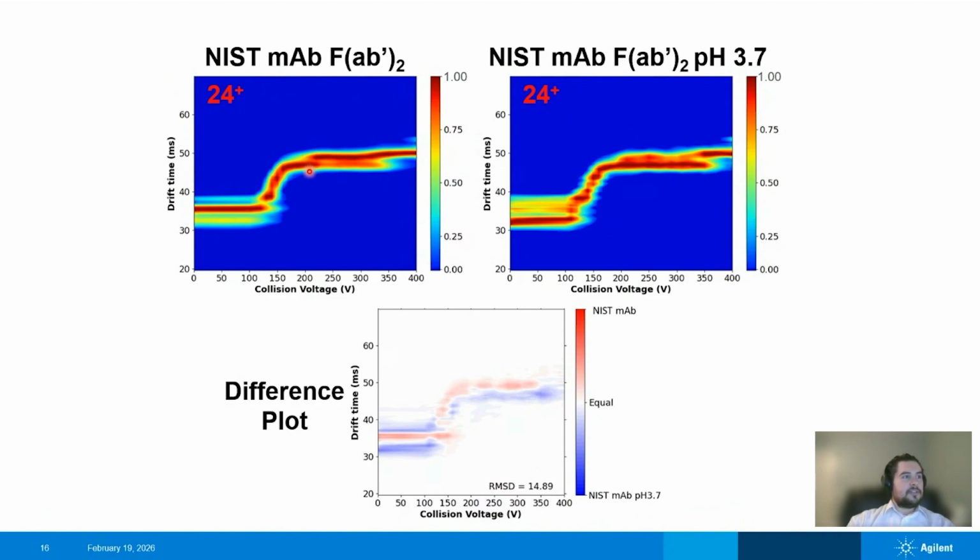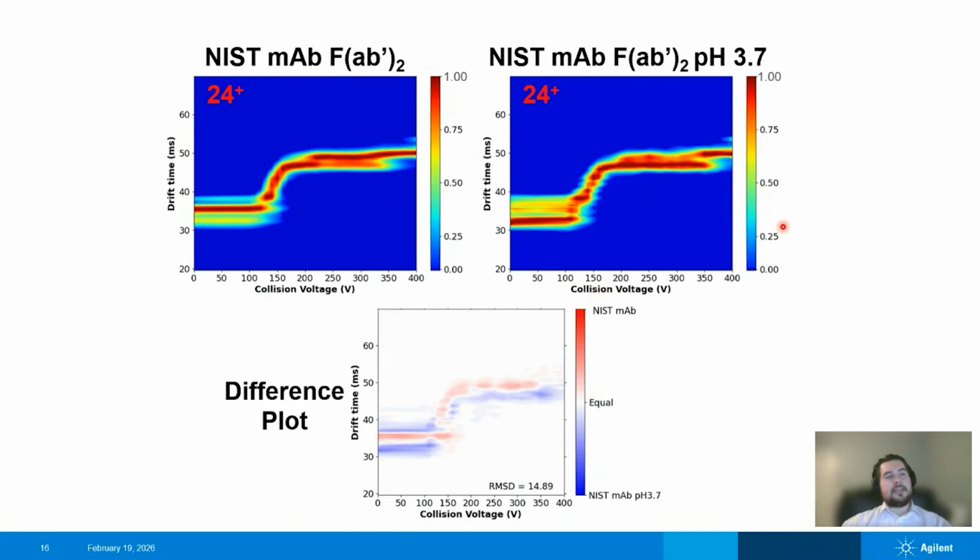And then right around 200 volts of energy, we start to see that final transition as most of the population moves up into this most unfolded state. However, the stressed antibody conformation sticks around until about 350 volts. And then we see this transition here at about 350 to that final state. Once again, drift time versus collision energy.